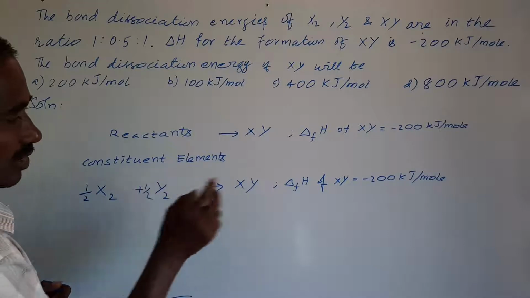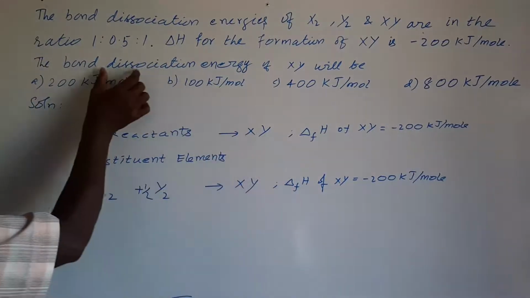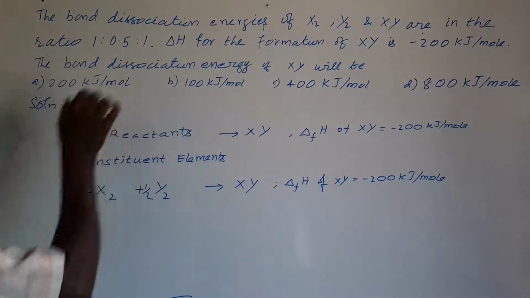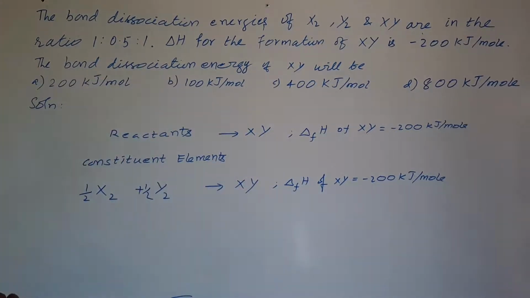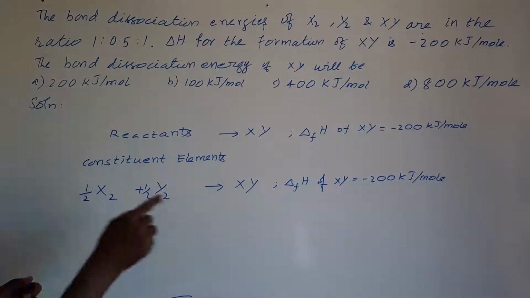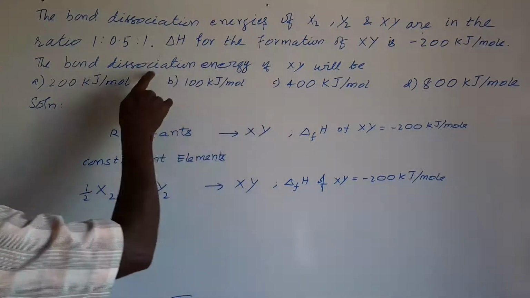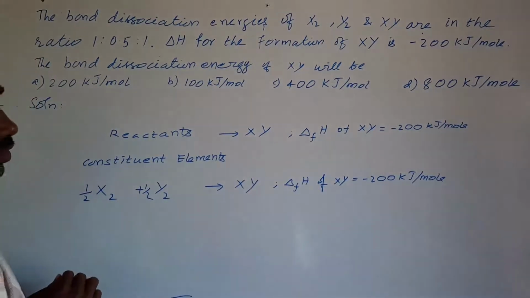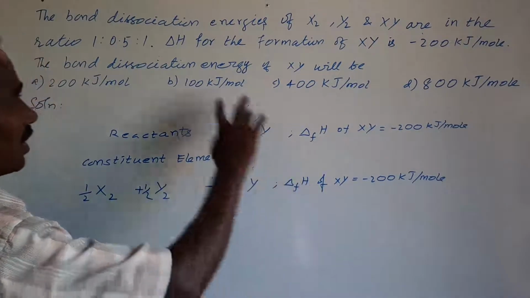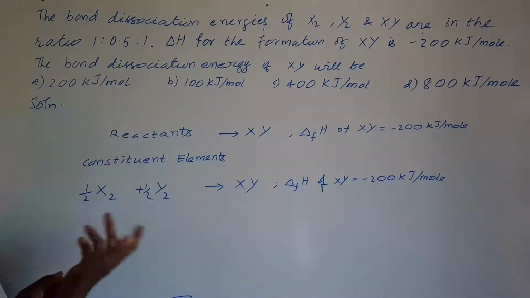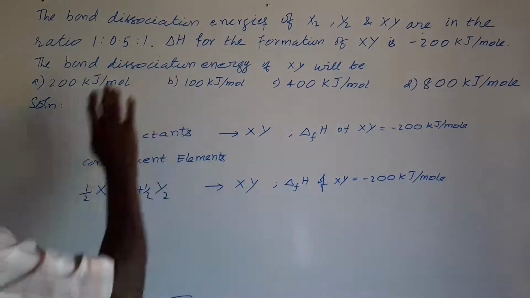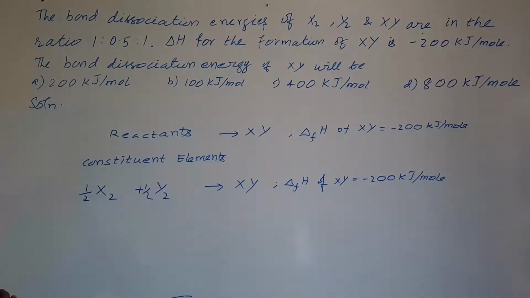That means will there be any relation between delta H and bond dissociation energy? Why should we relate? Because for XY they are asking bond dissociation energy and for XY delta H is given. So there should be a relation between delta H and bond dissociation energy. Otherwise how to calculate? This indicates a relation is there. What is that relation? That we will see.